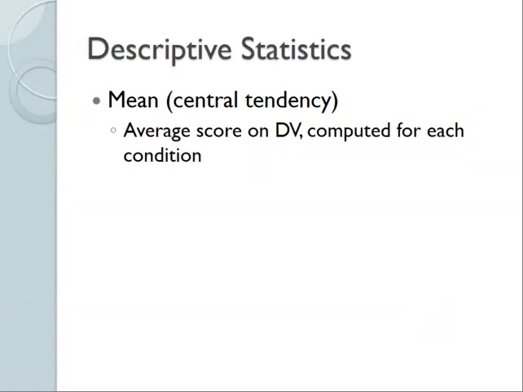The most commonly used one is the mean, which is the arithmetic average for each condition. So generally what you do is, especially if you're doing an experimental design where you have an independent variable, maybe you have a control or experimental group, you want to know what the mean score is for the people in the control group and the people in the experimental group to look at if there is a difference between them.